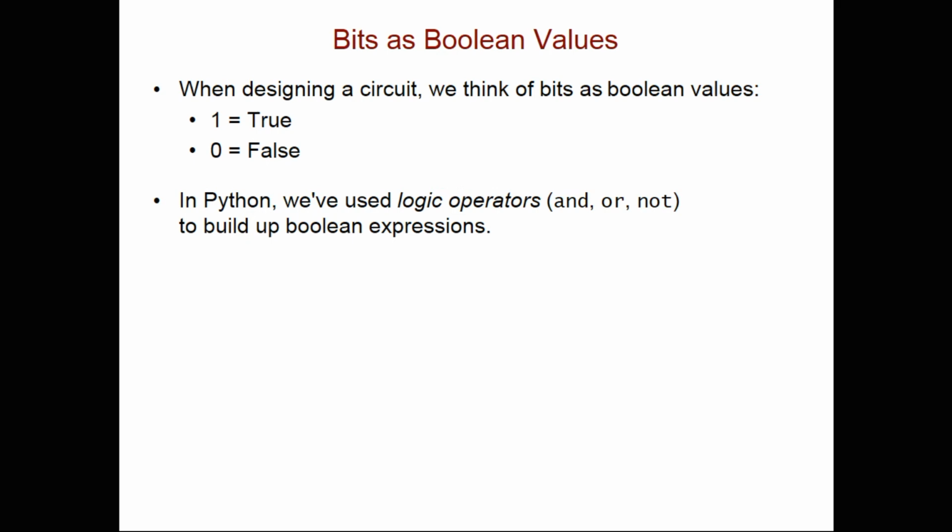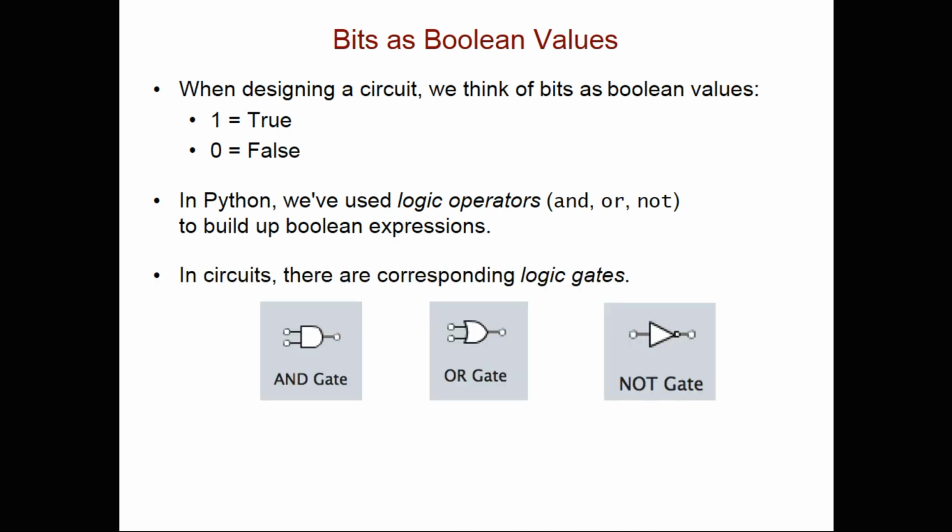When we are designing a circuit, we need to think about Boolean values, and we can represent the true Boolean value with 1 and false with 0. In Python, you've seen that using logic operators like AND, OR, and NOT, you can build a Boolean expression.